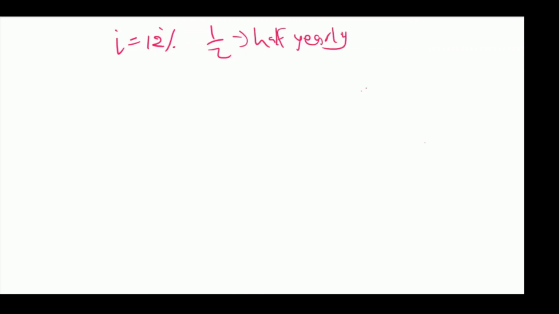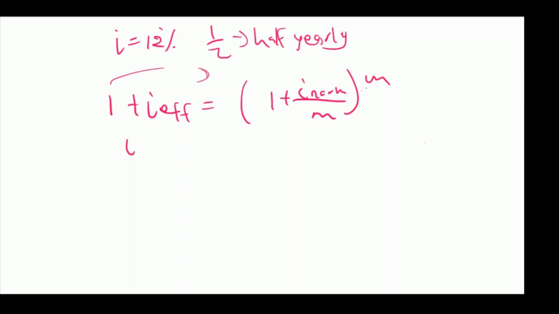We are asked to find the effective interest rate. So it's going to be 1 plus i effective equals 1 plus i nominal over m, to the power m. We're going to transpose the 1 to the other side. We have i effective equals 1 plus i nominal over m, to the power m, minus 1.